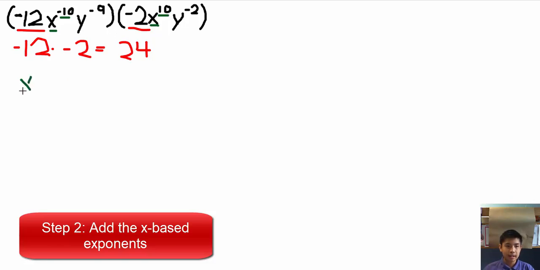So, x to the negative 10th power times x to the 10th equals x to the negative 10 plus 10, since we're adding the exponents. And negative 10 plus 10 is 0. So it would be x to the 0th power.